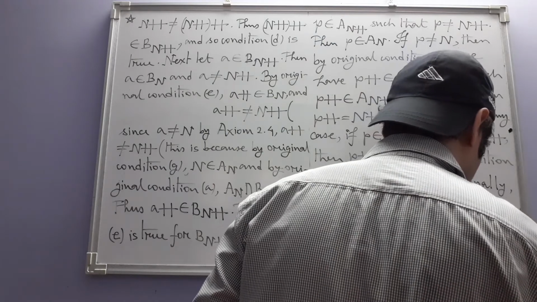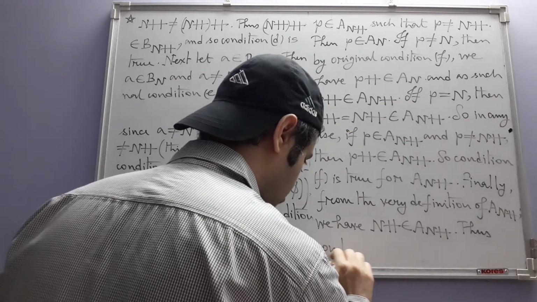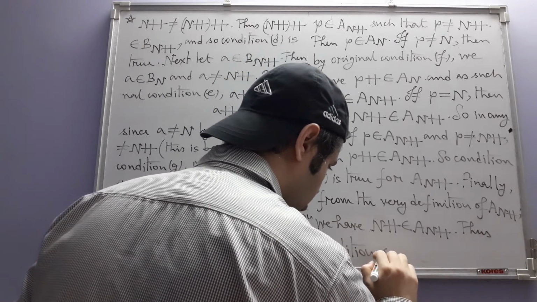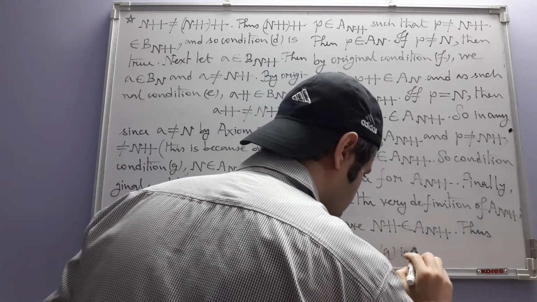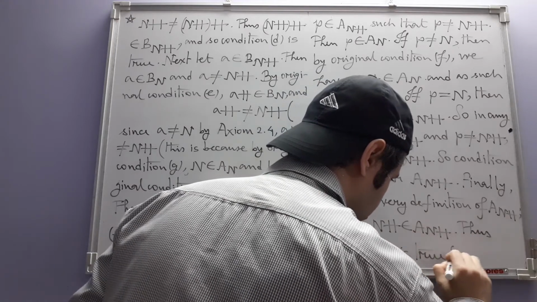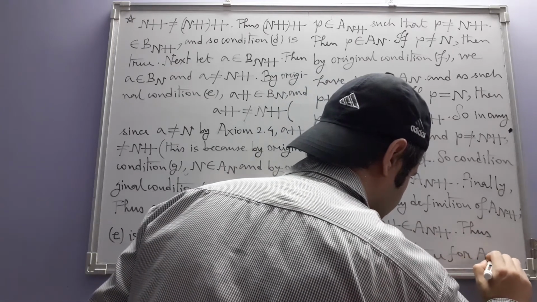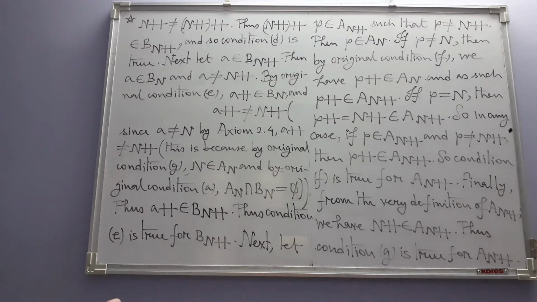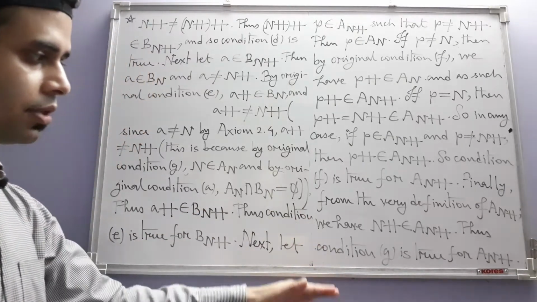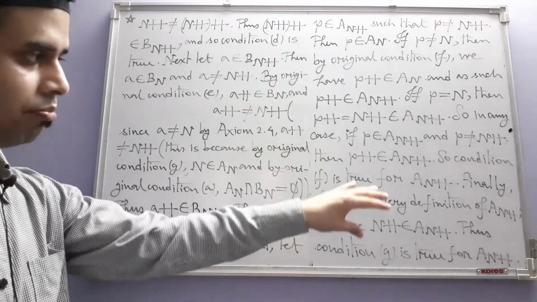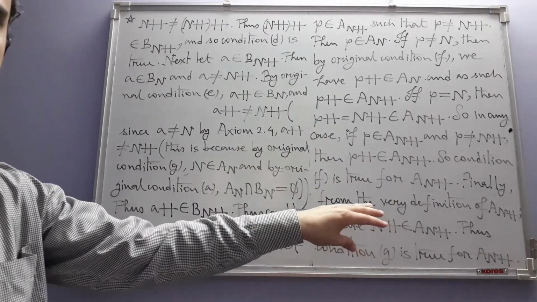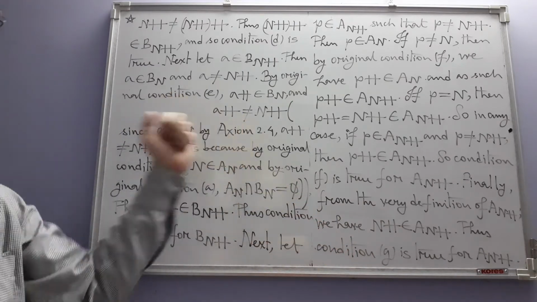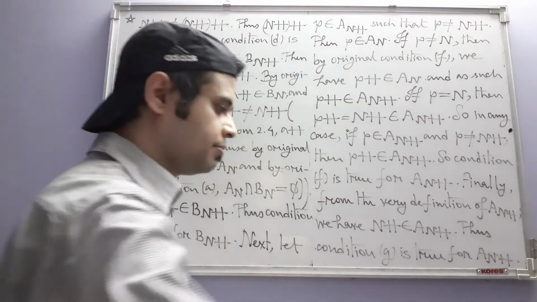Thus, condition G is true for A_n plus plus. So these newly defined sets A_n plus plus and B_n plus plus also satisfy all the conditions. Now we are not yet done. We have to now also prove that this pair of sets A_n plus plus and B_n plus plus is unique, just like how we proved that A_0 and B_0 were a unique pair.